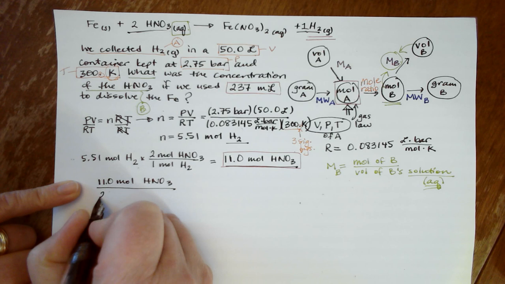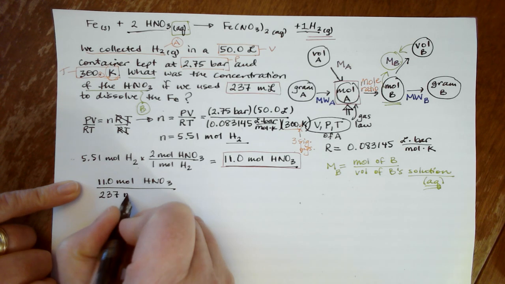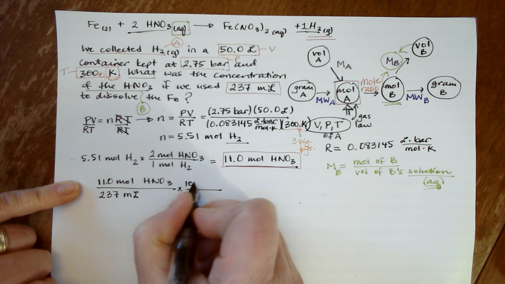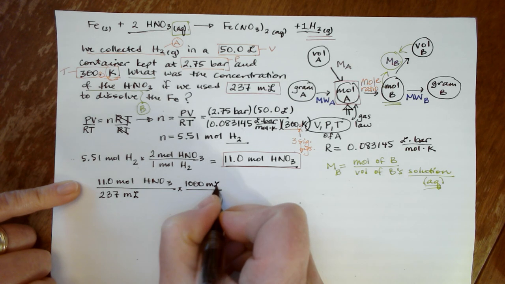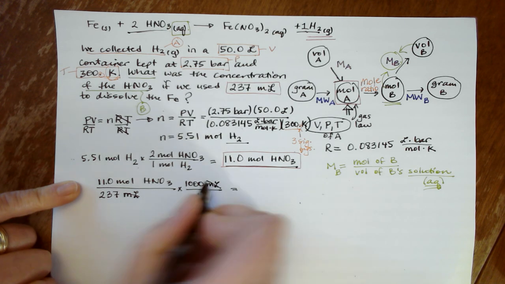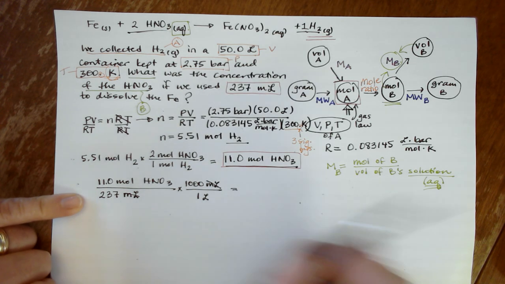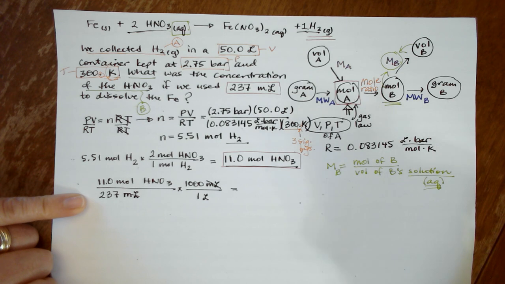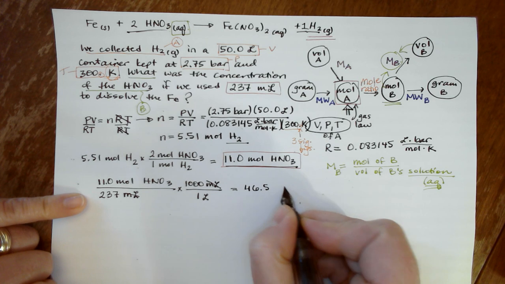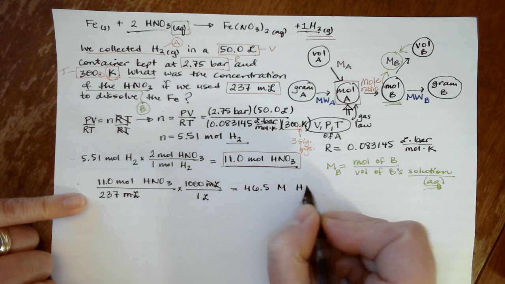Right now we have milliliters, but we're going to convert that. And there are 1,000 milliliters in a liter. So as we are doing this calculation, we will functionally multiply by 1,000. So we're going to multiply by 1,000 and then divide by 237. And then we get a crazy concentration, 46.5 molar HNO3, which we can't actually do.